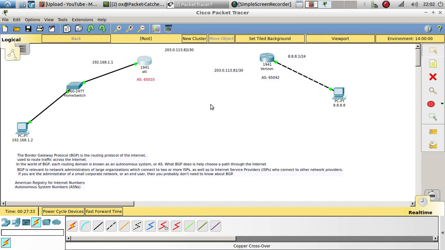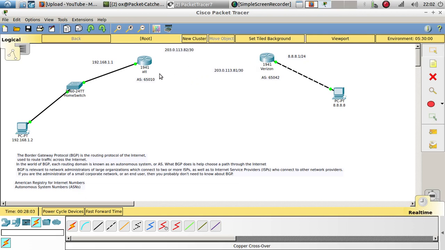The way you configure BGP is that we tell this router, which is going to run BGP, to connect to this AS, which is 65042, and then we tell them that we have to connect with this router, which is 65010. That's the way they communicate, by adding a neighbor relationship with each other.